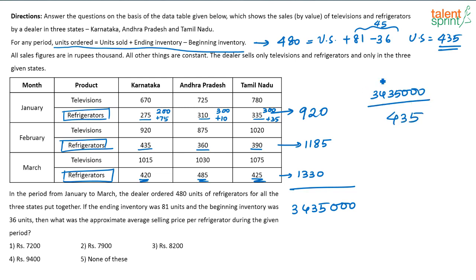This is the total sales, this is the number of units sold, so this will give you the selling price per unit. 3435 by 435 will be approximately 7,900. Yes, so the answer here will be option 2, 7,900.